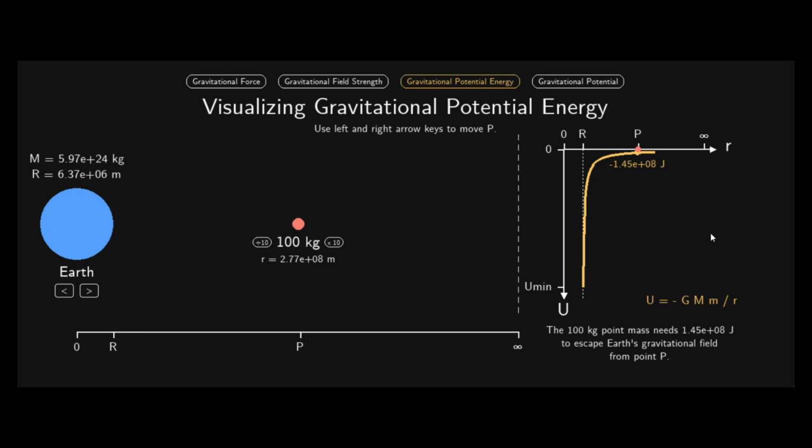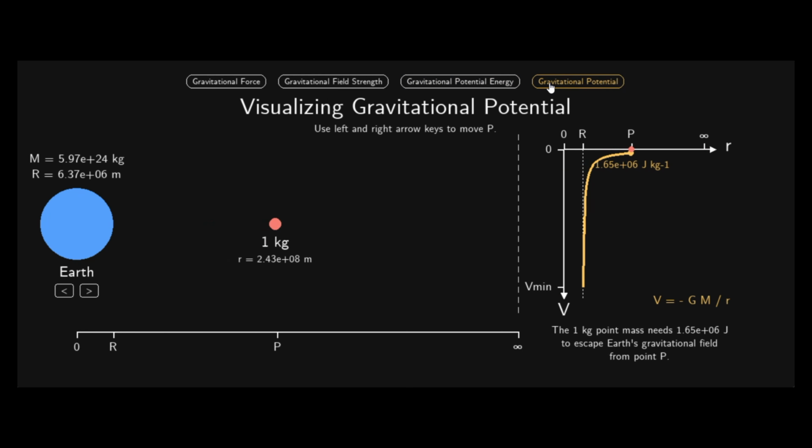And when it gains that energy, say for example, when it's at a distance of infinity, that's when it needs no more joules to escape the Earth's gravitational field. So that's how you can think about why it's negative. And you can see the same thing for gravitational potential. So then we get to 0 joules per kilogram.